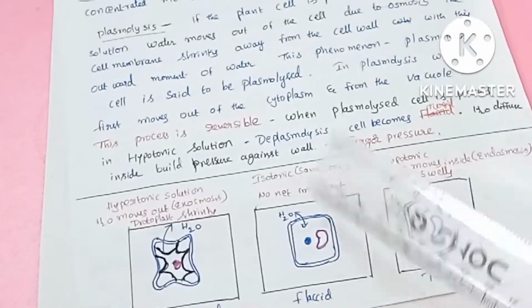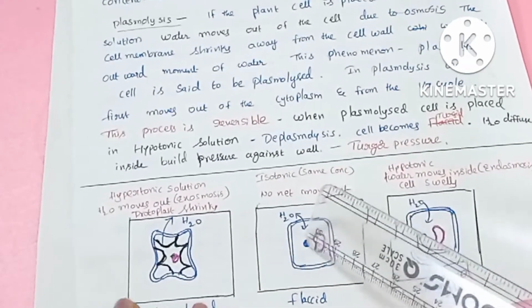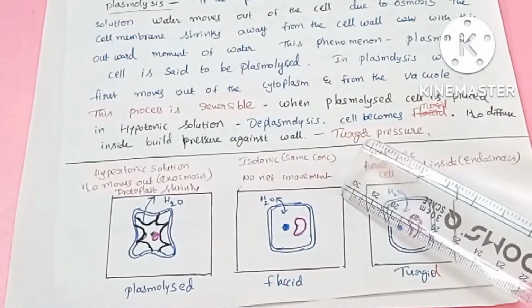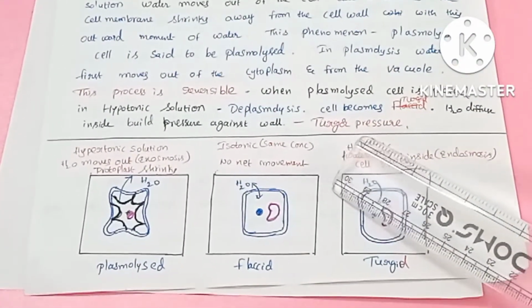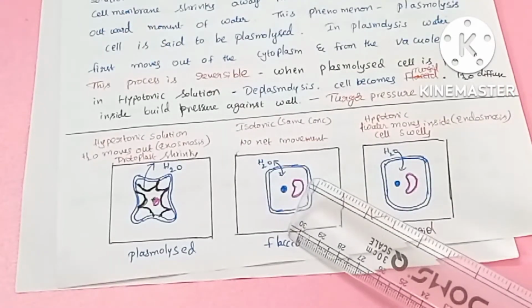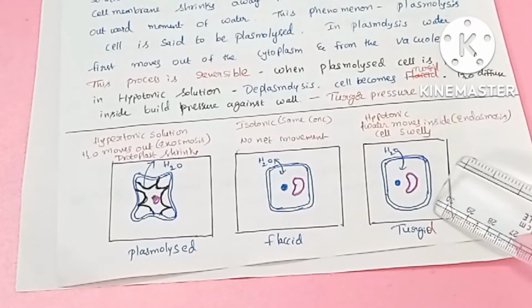For instance, if this plasmolyzed cell is placed in isotonic solution, what will happen? Isotonic solution means both concentrations are similar, right? The cell will be flaccid. But if it is placed in hypotonic solution, it will become turgid.